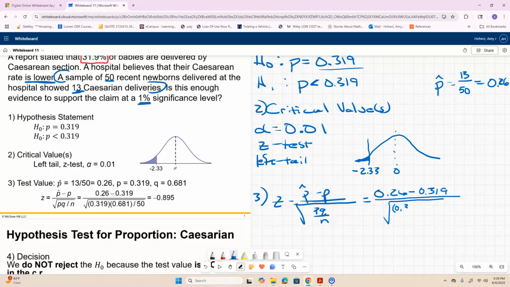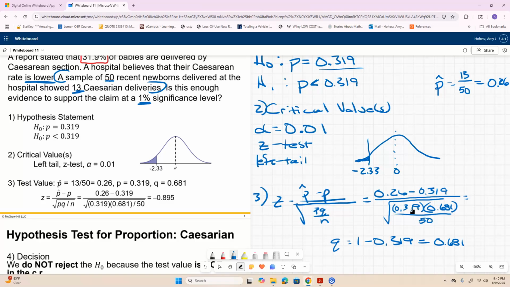So 0.319. And then the q would be 1 minus 0.319, which is 0.681. Okay, so we're going to take this times 0.681, and then we're going to divide that by the sample size, which in this case was 50.